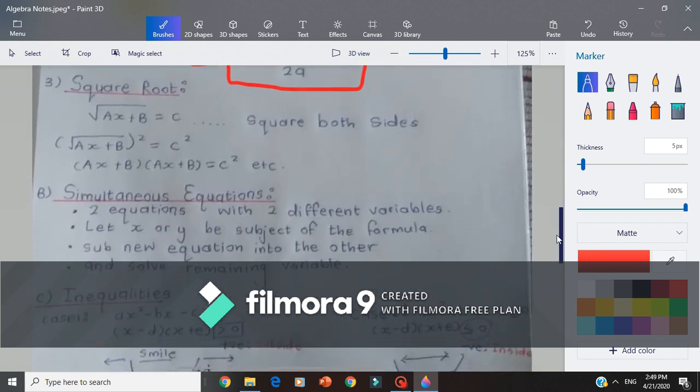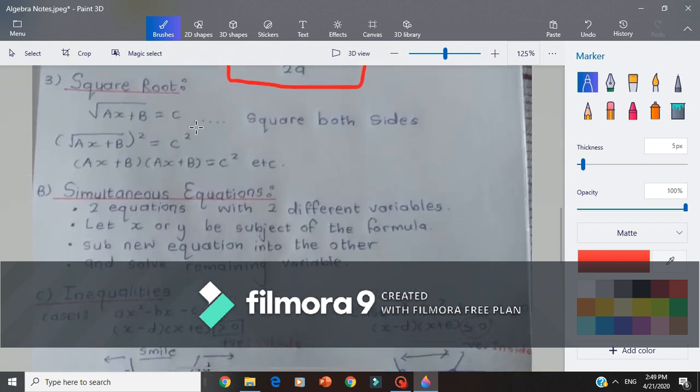Okay, the next problem: sometimes you see a square root attached on one side of your equation. So what we do when we're dealing with these types of problems is we square both sides of our equation. Now, over here, when you square this, you'll notice that the square root will fall away. Okay, so there's an error here.